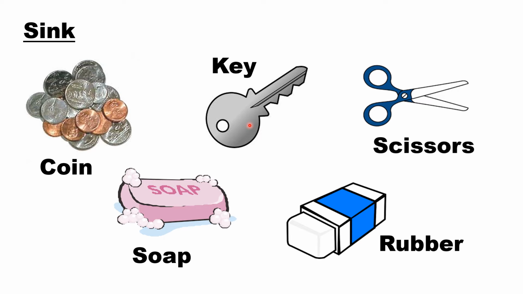Key. Scissors. Very good. Soap. And the last one, rubber.